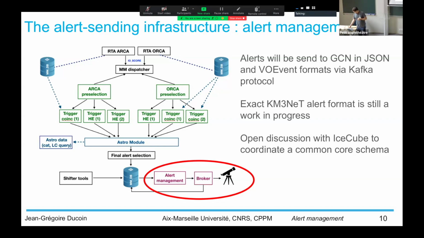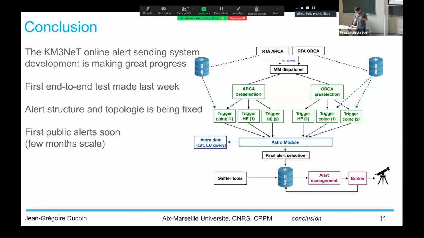Yes, so that brings me to my conclusion. As you can see, there are a lot of steps to make all that, but we have made a lot of progress in the last months and years. Last week, we actually made the first end-to-end test with all steps, at least a portion of all steps already implemented.